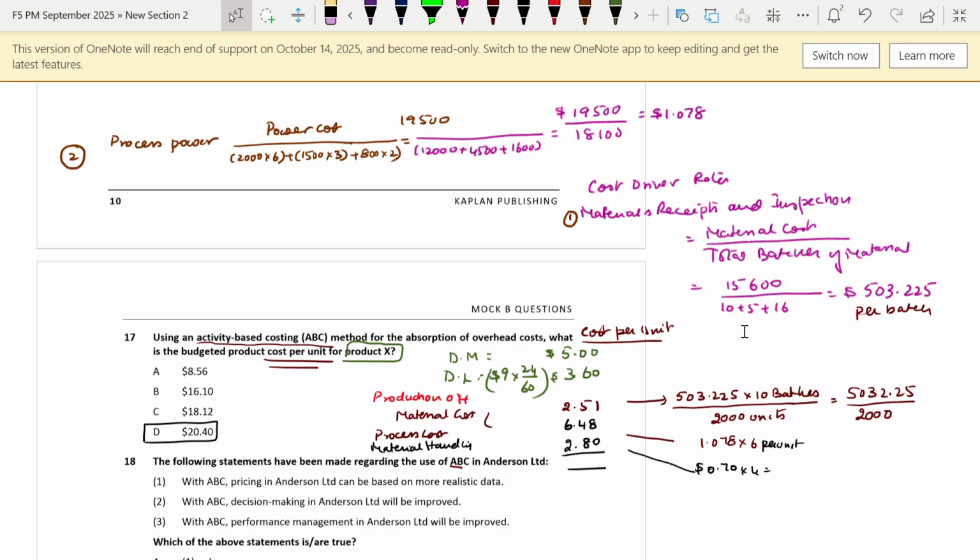Okay. Next. Now you are finding it easy, ABC and absorption costing? Yes. Doctor, in the exam it will not be that much detail as we study. It will be like this only.